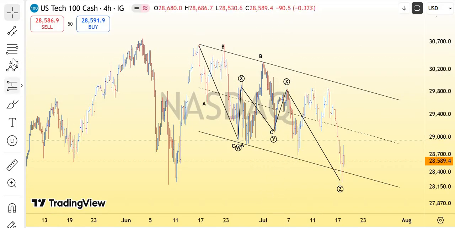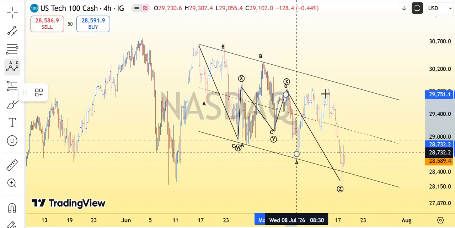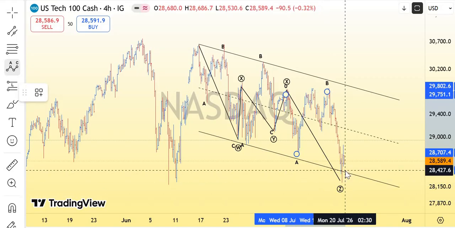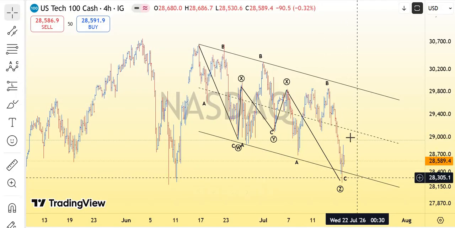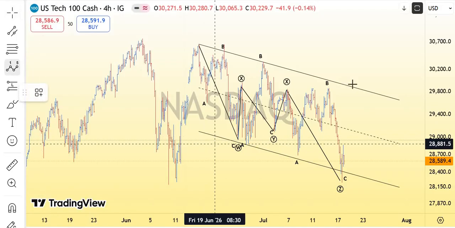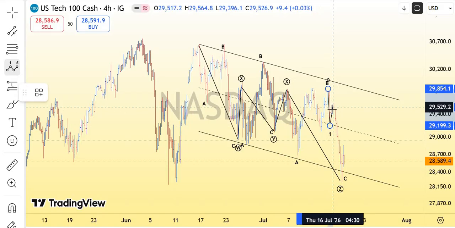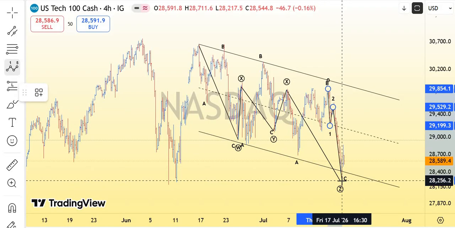Then again a connector, then again this A, this B, and we are into the C of the Z wave, right?